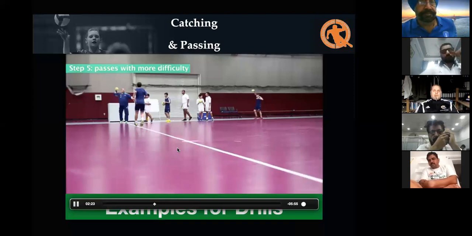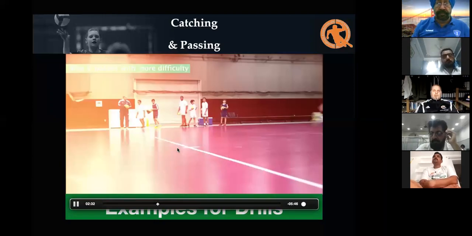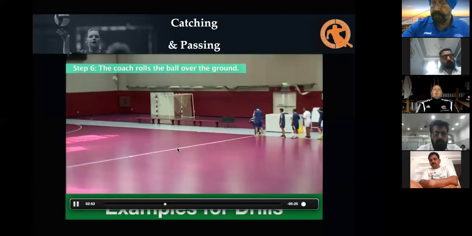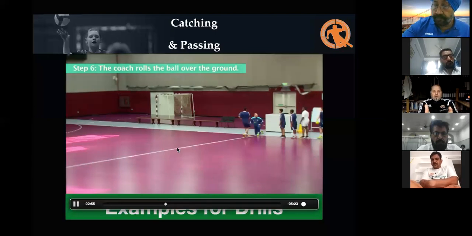Very nice. Now another variation is to roll the ball, because as you know, catching the ball is with the triangle of the thumbs. But if the ball is going on the ground, you can take it up. The fingers, the small fingers, must come together and take up the ball from the ground. So it's a different movement of the hands, which is educated here.